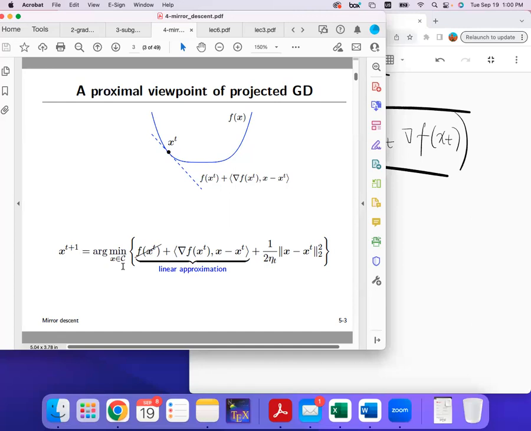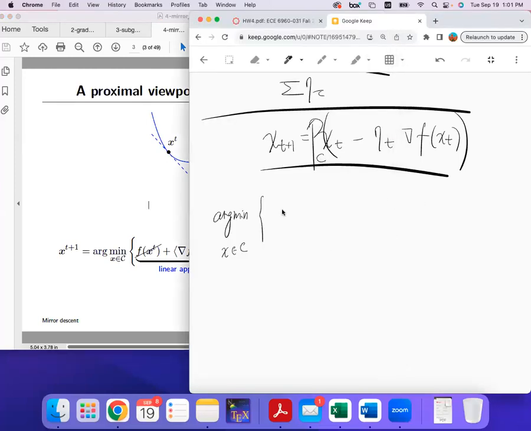So x_t is fixed. It's given by your previous iteration. So x_t is a constant. We are doing minimization over X. Therefore, the first term is simply a constant. We don't need to care about it. f(x_t) is constant. The last 2 terms matter. So let's write down the last 2 terms.